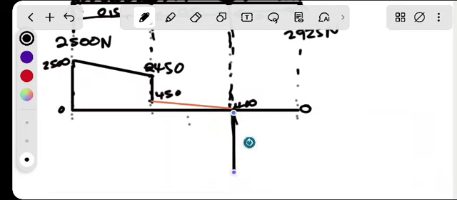We have these guys there. Let me just put it here a little bit. All right, this will be negative 2875. All right, so this is what we have.